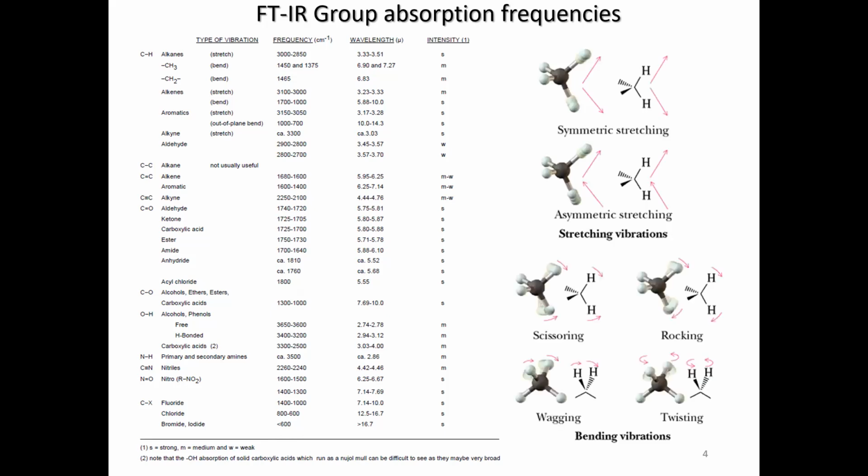Something like the stretching and the bending of aliphatics, which are over 3,000. So when you see a large peak over 3,000, it is aliphatics. Over 3,500, 3,600, you can find alcohols and amines.